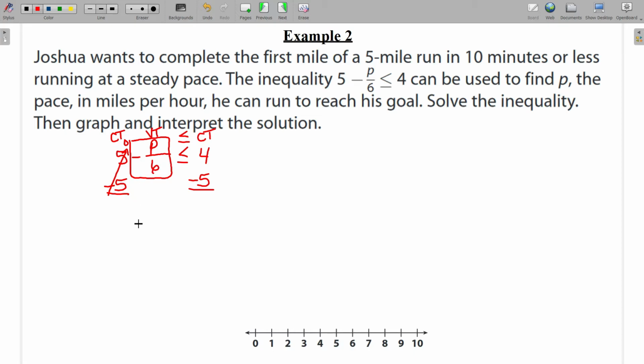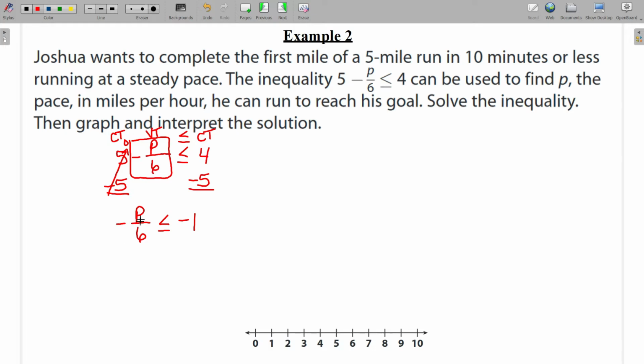The only thing I have remaining on the left-hand side is that negative p over 6. Then we have our less than or equal to sign, and then we have 4 minus 5. Now when I take 4 minus 5, that's going to give me negative 1. From here I've isolated my variable term on the left-hand side of my inequality, and the constant term on the right-hand side.